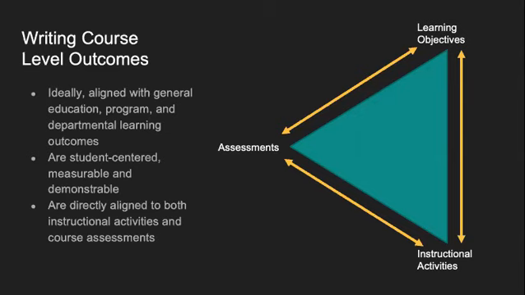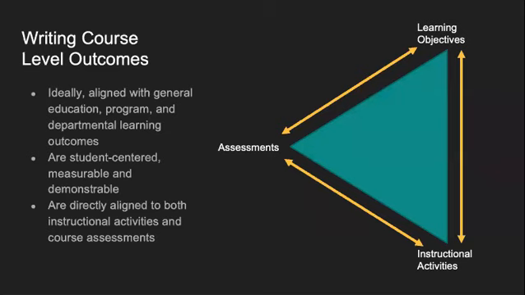And once we've developed our assessments, then we finally know how to develop our instructional activities. Because if we already know what the goal is, and we know how we're going to assess that goal, now we can determine what kind of instructional activities students need in order to master that goal and be successful in the assessment.